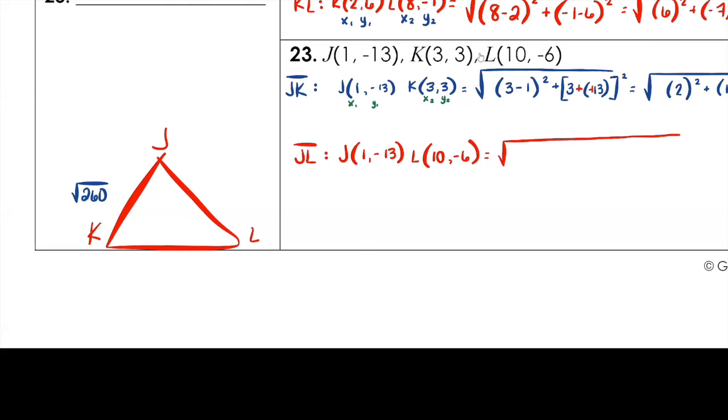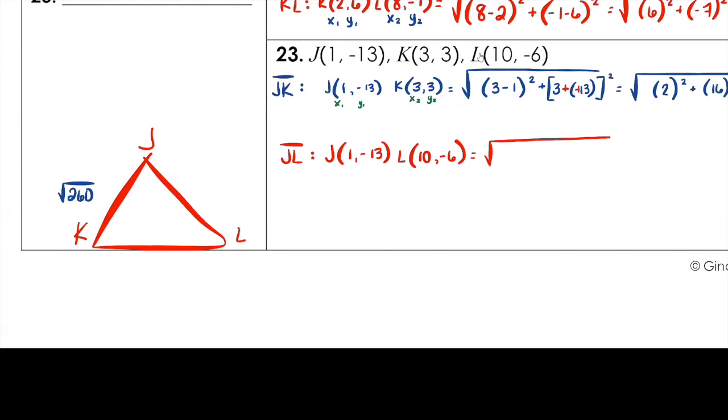10 minus 1 and negative 6 minus negative 13, so negative 6 plus. So we got x1, y1, x2, y2. I'm trying to draw it out for everybody. So we got 10 minus 1 squared, and then negative 6 minus negative 13.